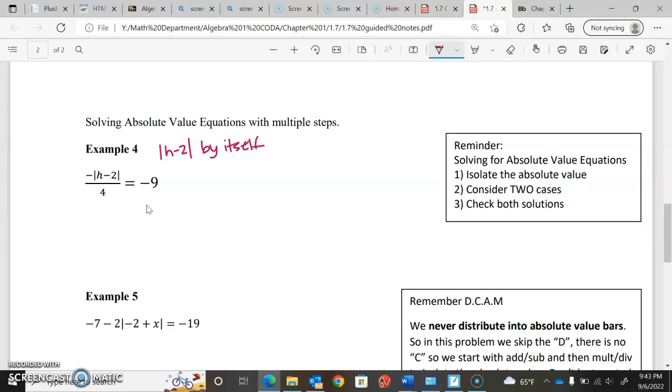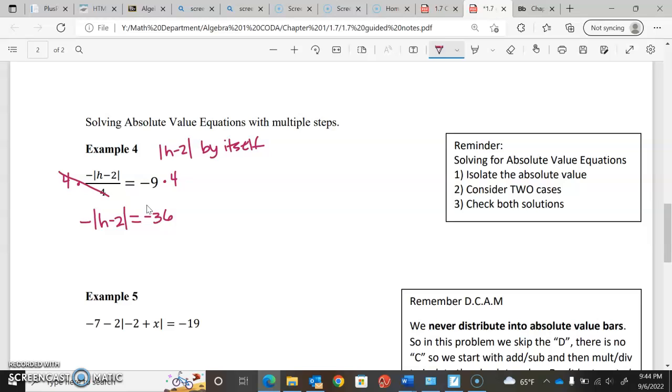Don't let it throw you off that there's a minus 2 in there. So we need to get rid of this negative out front, and we need to get rid of the divided by 4. So first thing is to get rid of that division by 4. Multiply both sides by 4. Bring down the negative absolute value of h minus 2. And then negative 9 times 4 is 36.